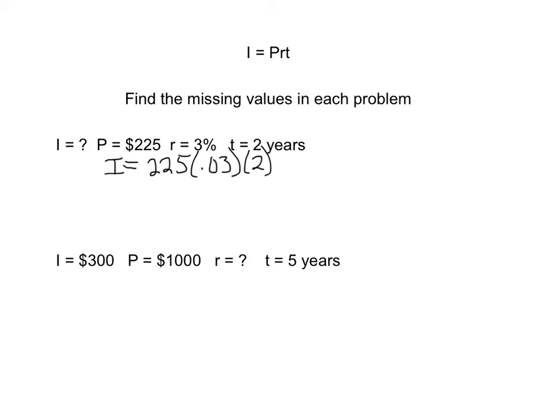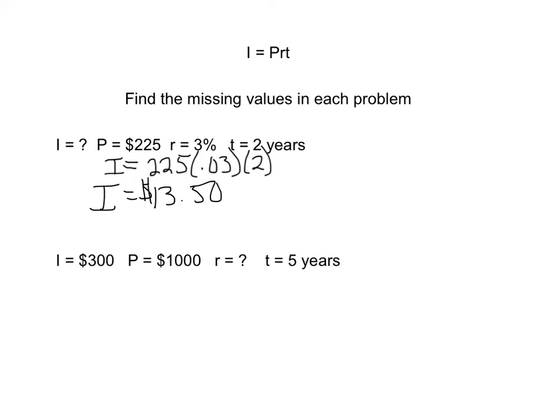And once we do all that, we get that I is equal to 13.5. So on this particular account, if you invested $225 at 3% for 2 years, you'd earn $13.50.